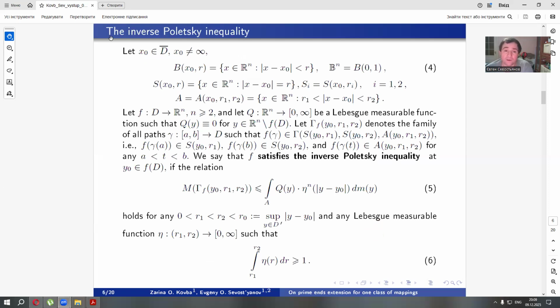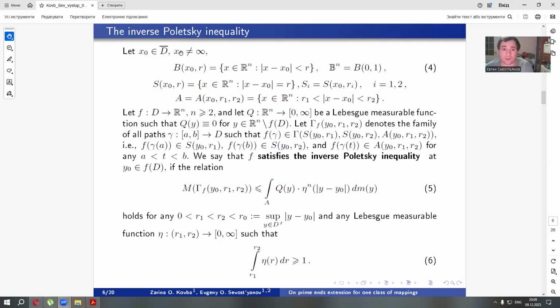Let x_0 be a point of D-bar, where D-bar denotes the closure of D. So D-bar is the union of D together with its cluster points.